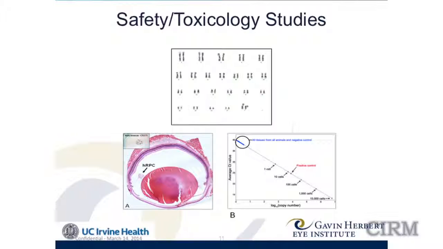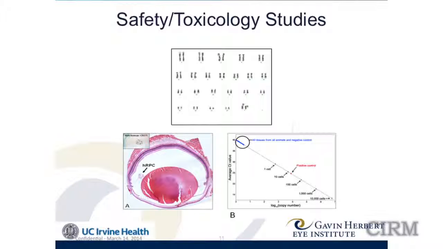So we have to transplant the cells to the jelly of the eye in these mice and show that this doesn't impact the eye in any bad way. So what you see there is a normal mouse eye, and you see the little clump of cells in the graft sitting there just fine, and nothing bad is happening to the retina. So that's safety, no tumor formation, no retinal detachment, so on and so forth.